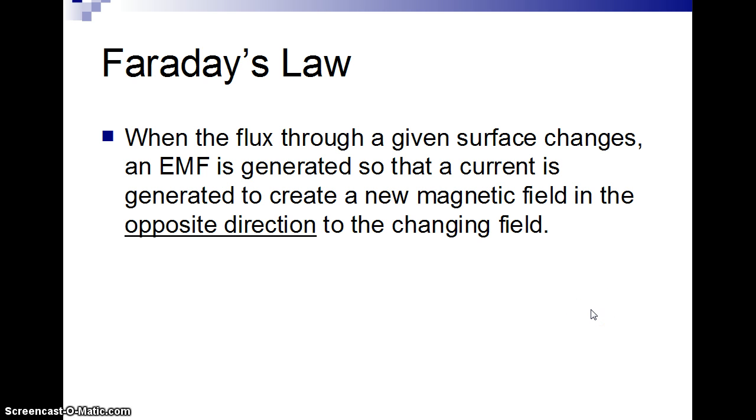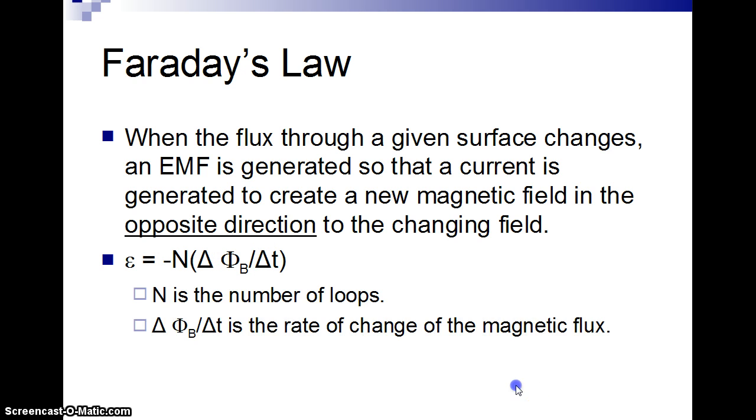We'll look at how that works on Wednesday. So the EMF is equal to negative, so that's the opposite direction, times N, the number of loops, times the change in flux over the time interval, how fast you're changing this flux.